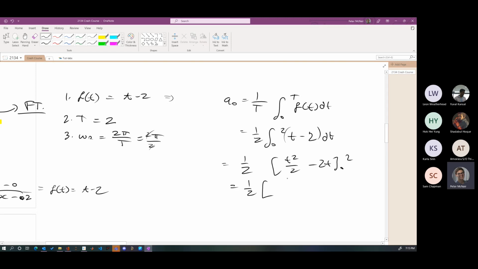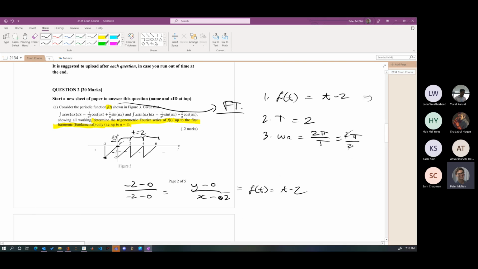Just hoping this comes out. 2 minus 4 minus 0. So this is 2 minus 4, which is minus 2, over 2, so minus 1. Boom! That's exactly what we wanted to show. So we can see that it's centered around this minus 1.